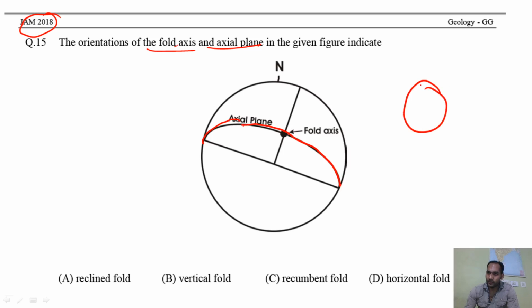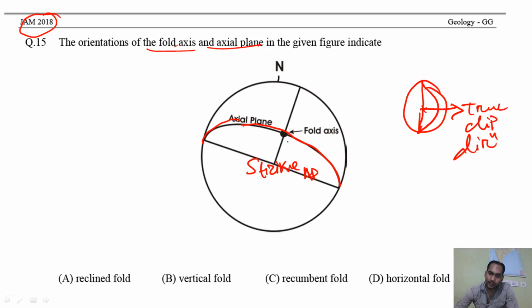If this is the plane, then this will be the strike. This is the strike of the axial plane, and this is the true dip direction of the axial plane, right?